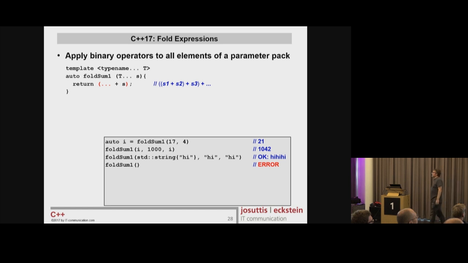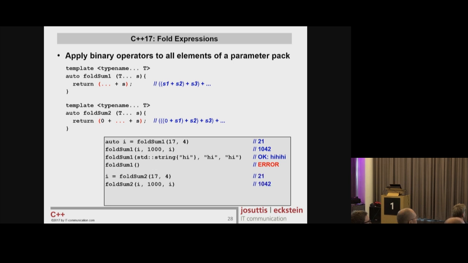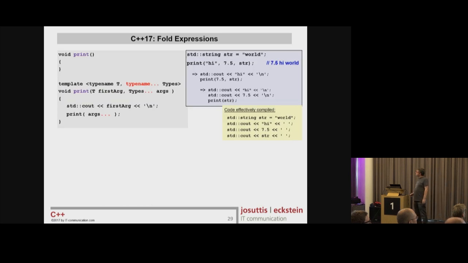This will compile and add all the values here. The problem is if you don't pass any argument, then we have no value. For that reason, you can say I have an initial value like 0, so that it even works for the case that we don't have any value in the parameter pack.